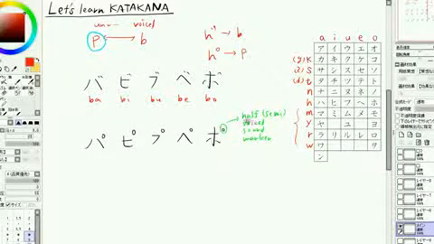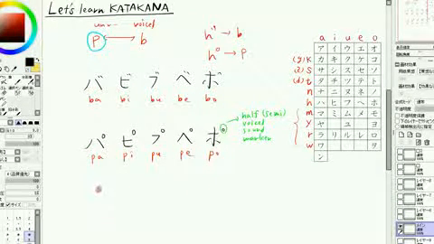In Japanese, it's called handakuten, which literally means half voiced sound marker. So remember, this is pa, pi, pu, pe, po.